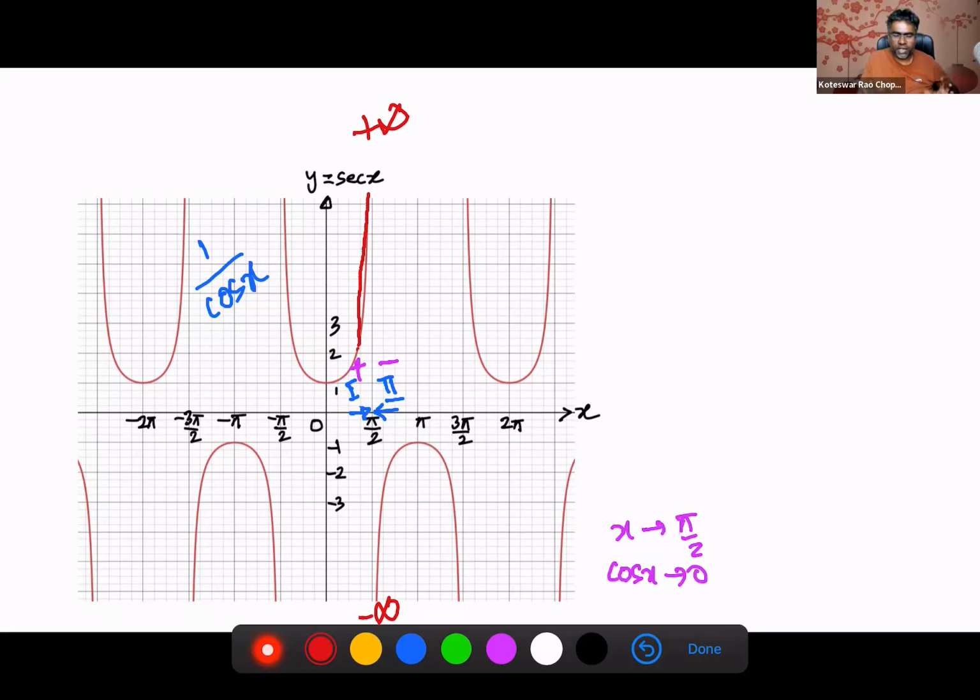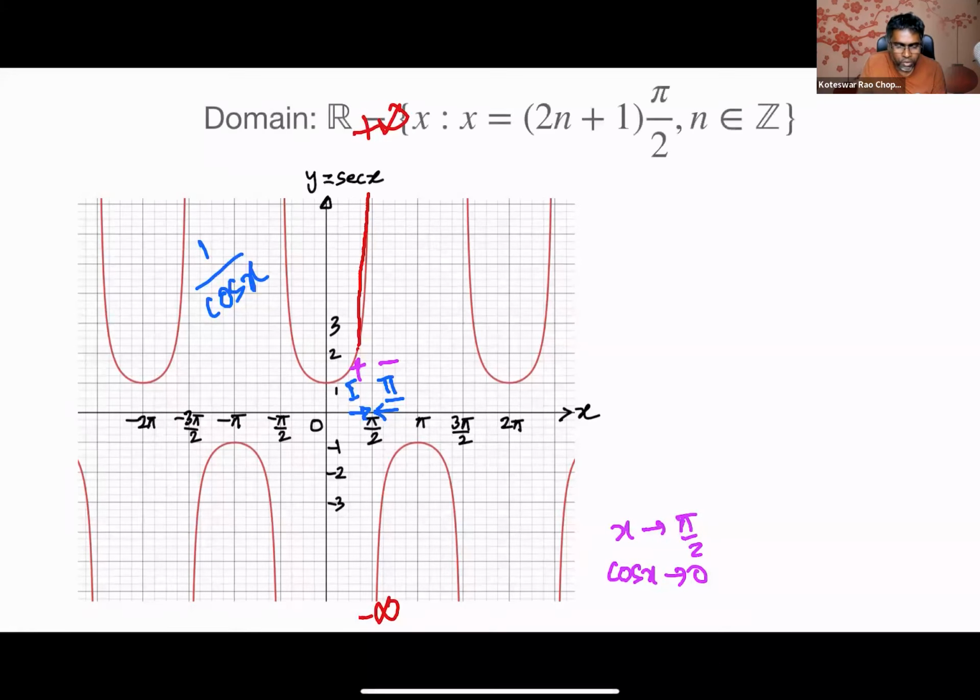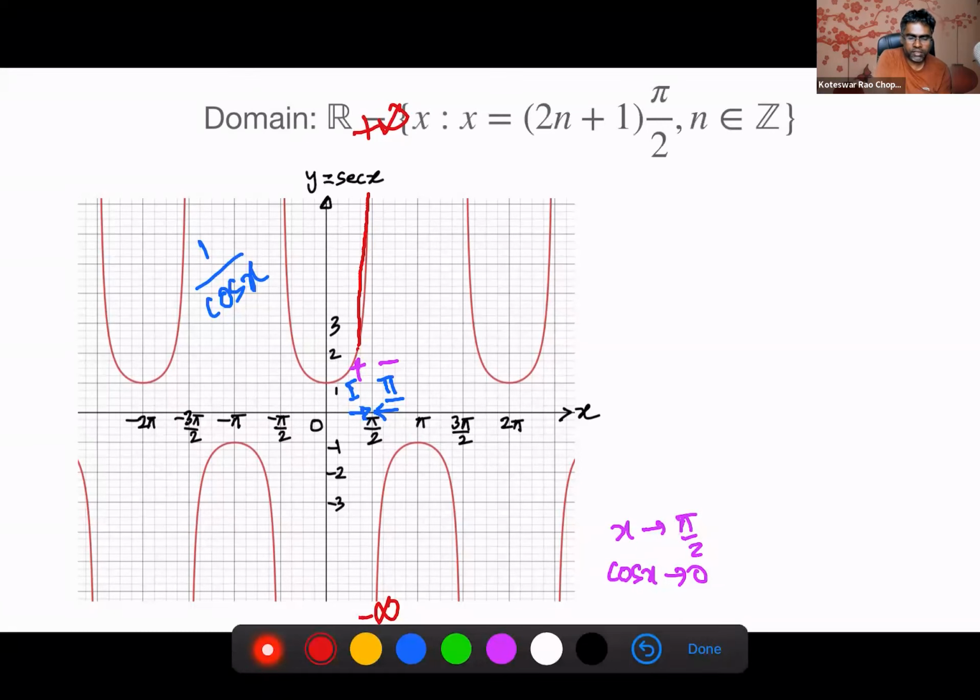But anyway, for each graph, pay attention to these ideas. Again in the domain, I don't want x values wherever cos x becomes 0. So the odd multiples of pi by 2, I'm ignoring.